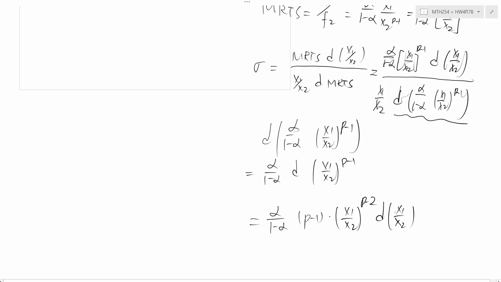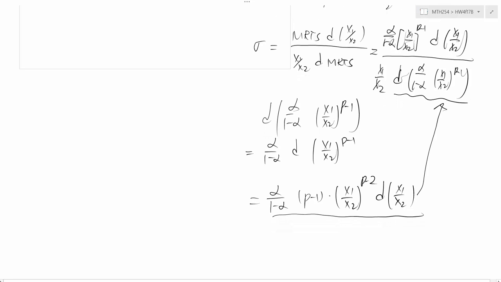You may ask why this is so. This is just exactly the chain rule. Remember, chain rule means take the derivative of the outside, then take the derivative of the inside, right? But if we put this one back over here, put this one back over here, what do we see? We see exactly the same, because you see over here, this is x1 over x2 to the power 1, and then here we have x1 over x2 to the power p minus 2.